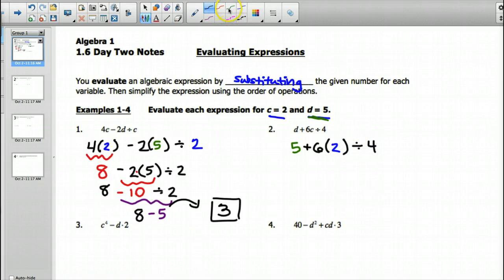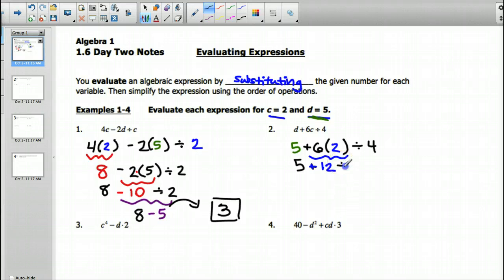Just like the last problem, I don't have anything inside grouping symbols that I can simplify. 2 is just 2. No exponents, so I'm going to start doing my multiplication and my division left to right. So I'm going to keep my 5 plus, I do have, though, a 6 times 2 I can do. 6 times 2 is positive 12, so that's going to be plus 12.